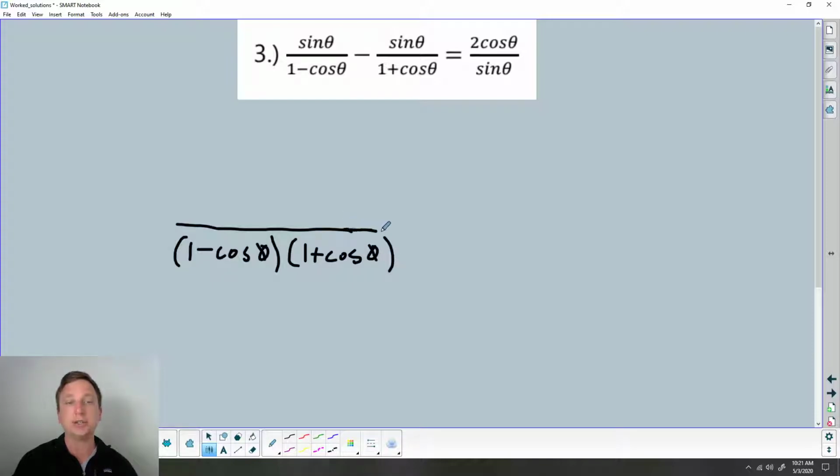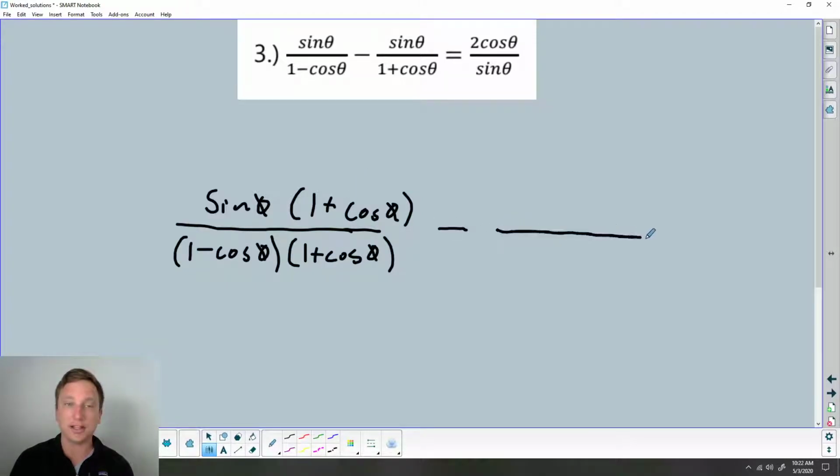So I need to introduce the part that's missing into each of the two fractions. Well, on the left fraction, I need to introduce the 1 plus cosine theta, so I'm going to multiply by that. If you see what I did there, I actually just did 1 plus cosine theta over 1 plus cosine theta. So this is just a fancy way of writing 1. And then on the right side, I want the same thing.